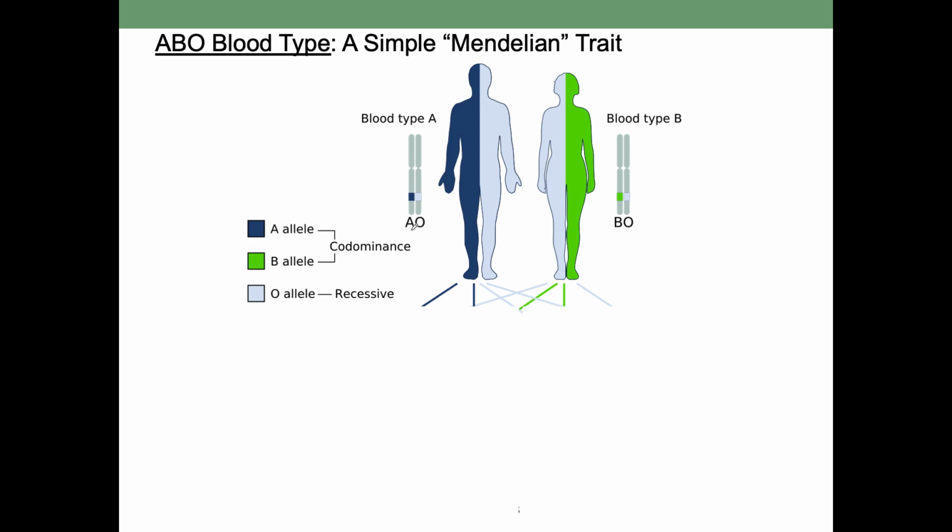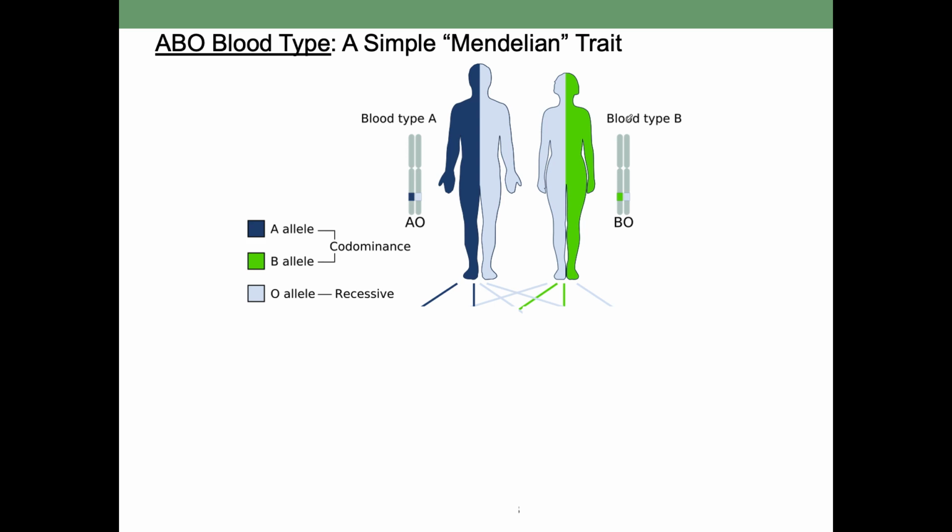Okay, so one parent has the AO genotype at this particular locus on this pair of chromosomes. One gene is the A allele, and the other gene is the O allele. Their blood type is therefore A, because O is not expressed, it's recessive. It can only be expressed if this other allele at this locus was an O allele. Then they would have blood type O.